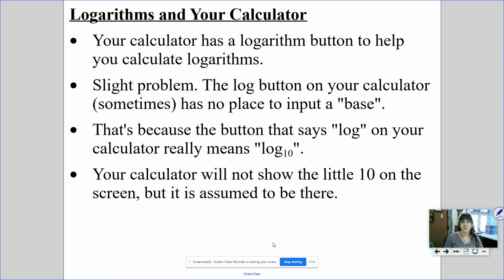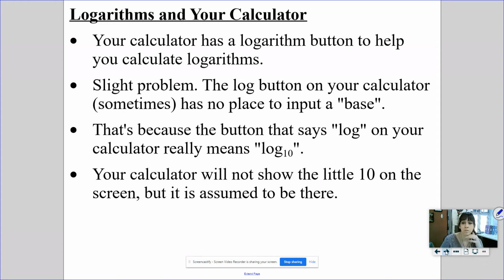And a lot of logarithms are not base 10, but on your calculator, it's set that way because things like the metric system and a lot of things we deal with in everyday life are based on a base 10 computation system. So that's why it's programmed into your calculator, but you don't have the option to change it to a different base. So just be aware that that log button is not going to give you log base 2 or log base 5.